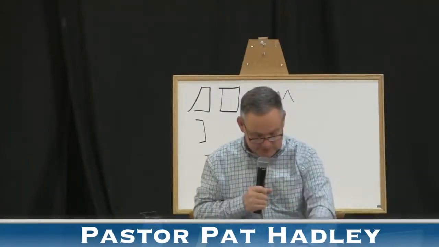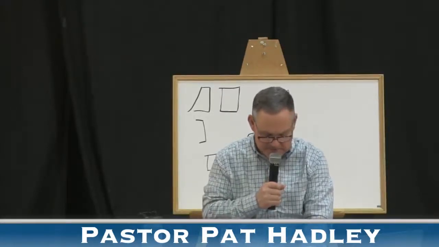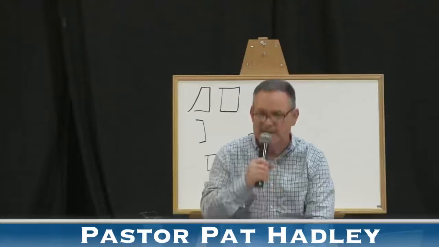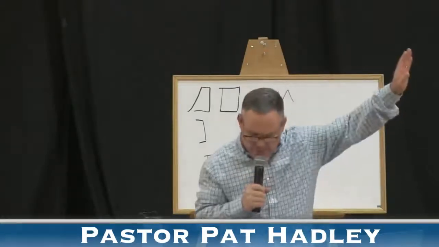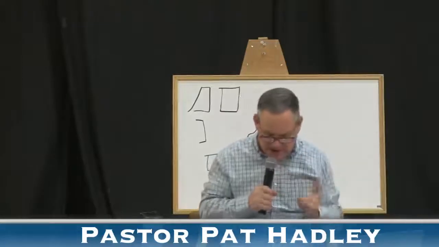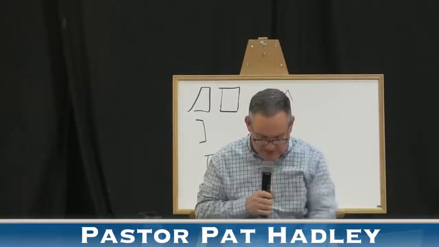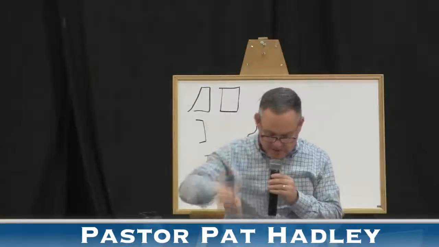Okay? And now we keep reading, and we read that he had a dream. He dreamed. All of a sudden, there was a stairway or ladder set up on the earth, and its top reaching into the heavens. And behold, angels of God going up and down on it.